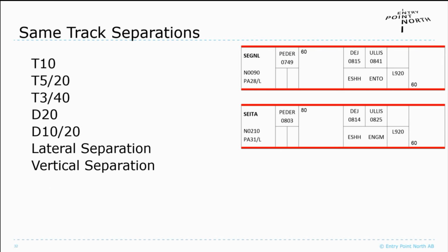As always, lateral separation is always an option. And then vertical separation: we have vertical separation now, and in this case we're going to transfer from vertical separation to another form of separation to allow Sierra Tango Alpha to descend to flight level 60.